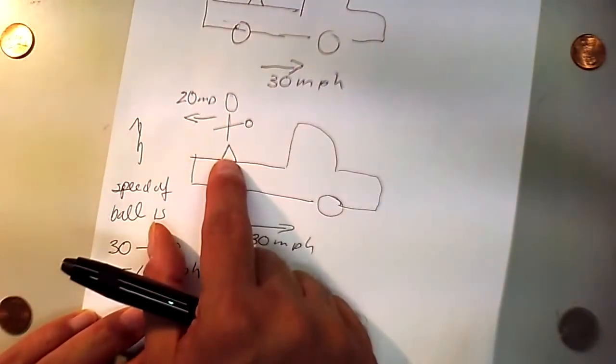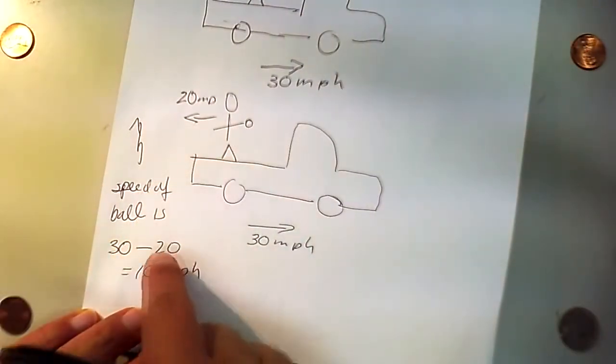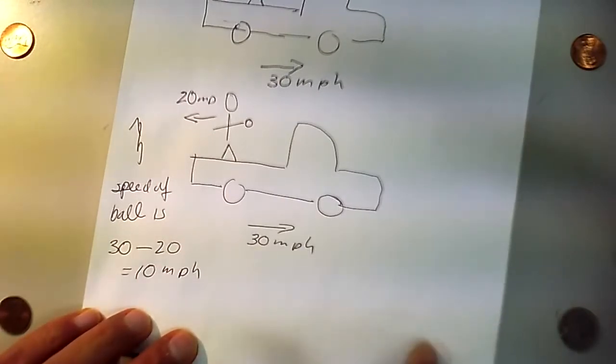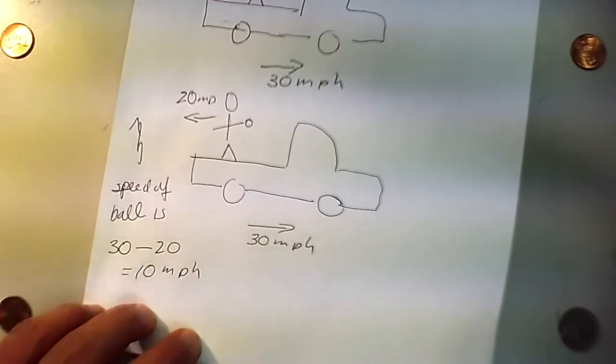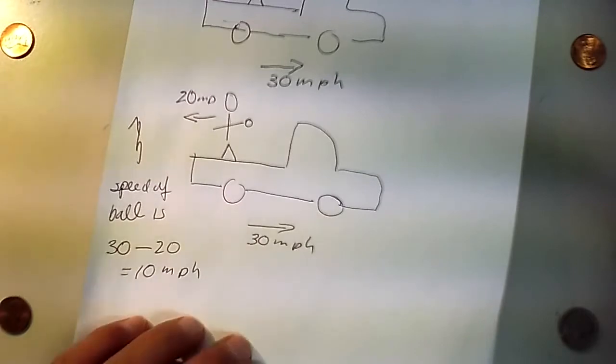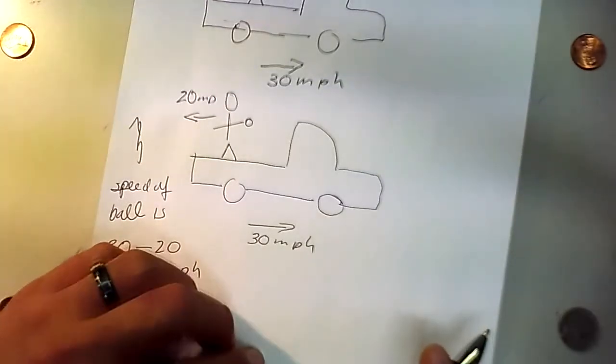If you absolutely have to jump, if there's a slow moving train and you have to jump off the train when the train is moving, then jump against the motion of the train. But if you can, don't do it, because again, it is dangerous to jump off a moving object.